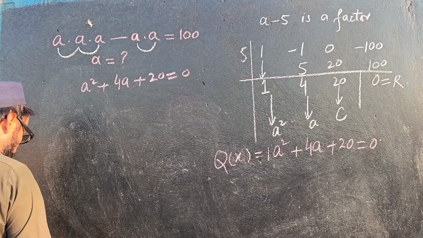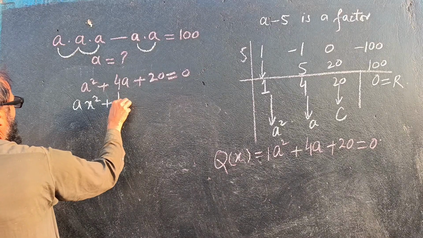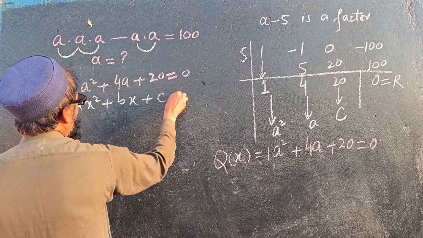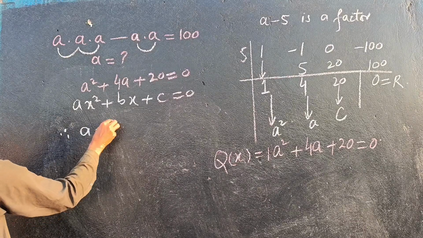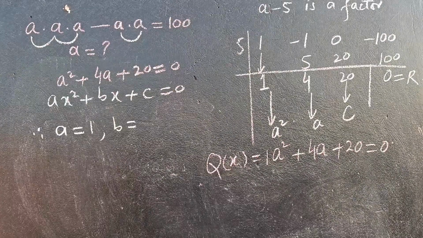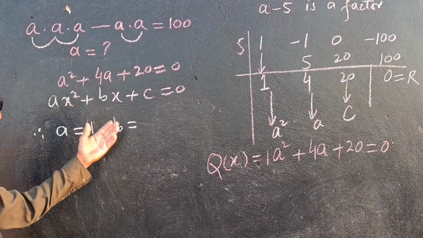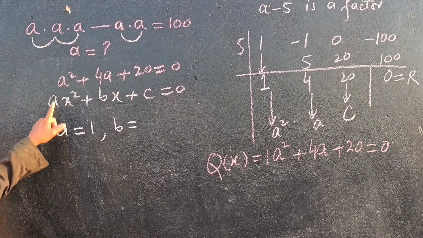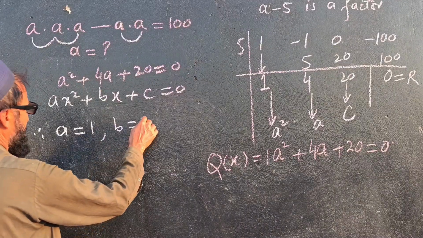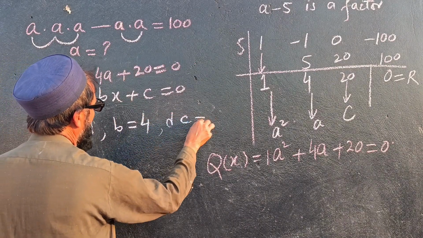If we compare with the quadratic equation ax square plus bx plus c is equal to 0, here the value of a is equal to 1, b is equal to 4 and c is equal to 20.